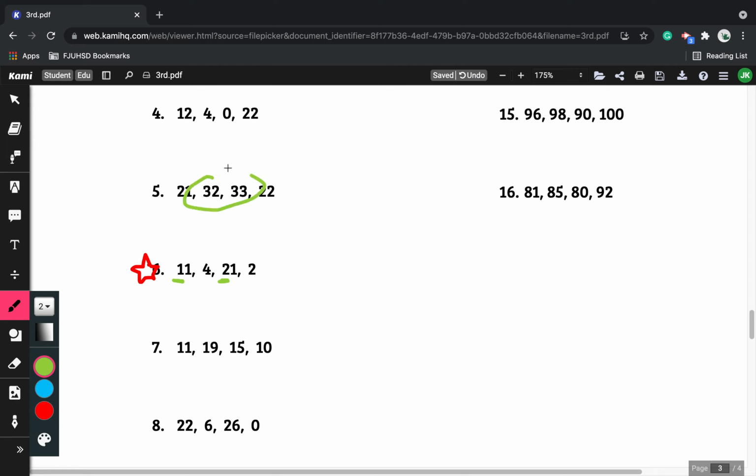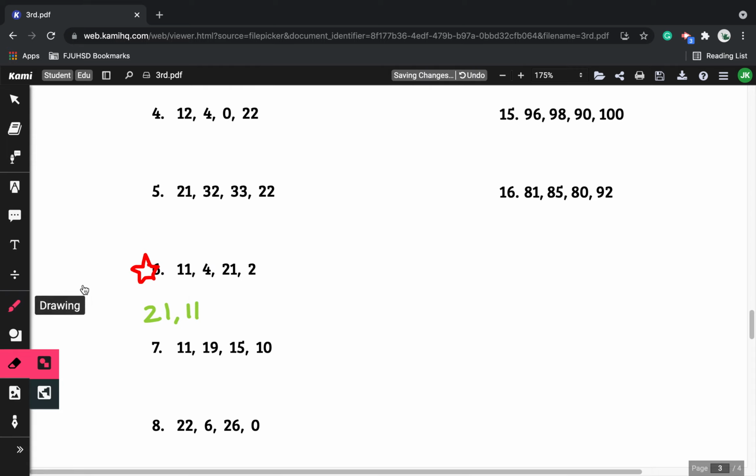So for this one, I'll compare the tens place. Since 2 is greater than 1, 21 is going to be the greatest. And then 11.